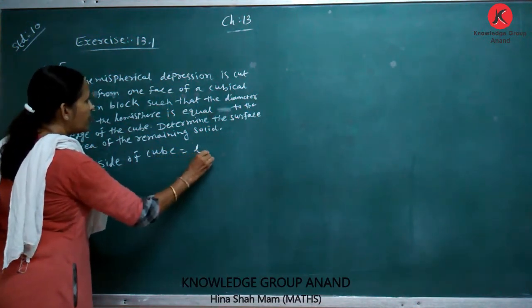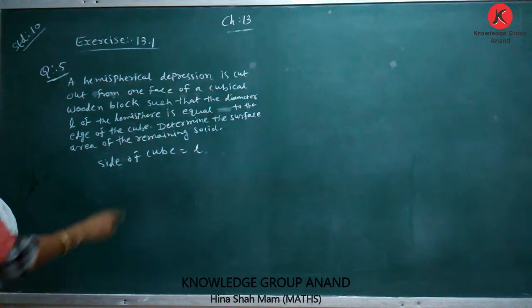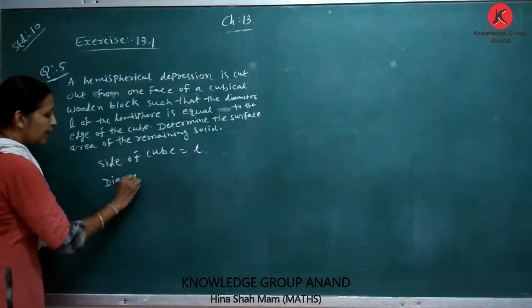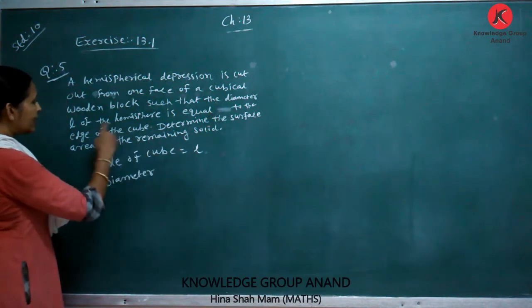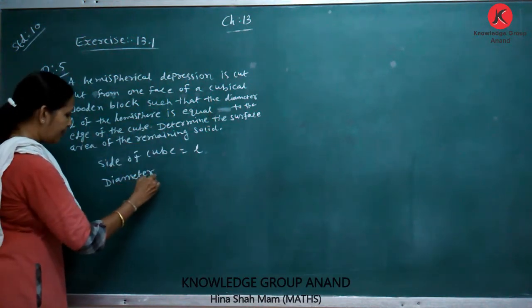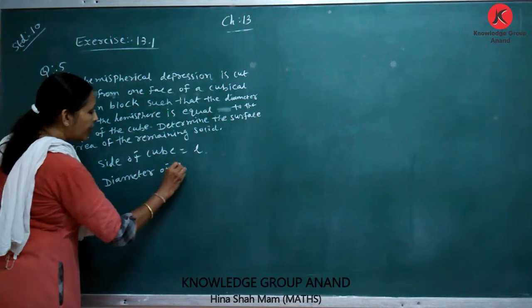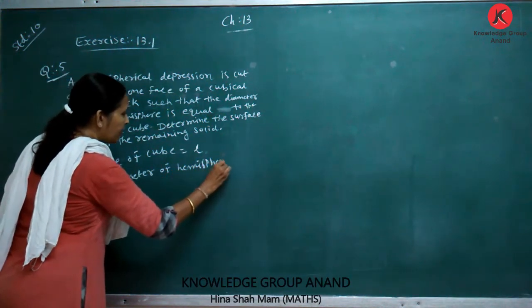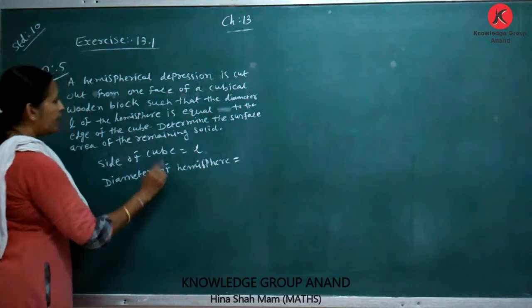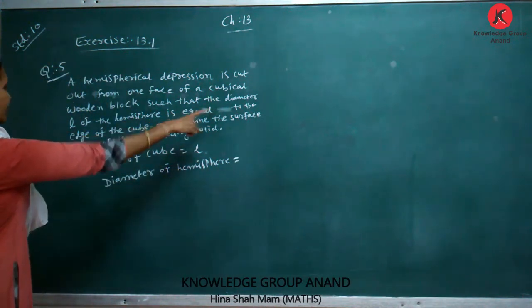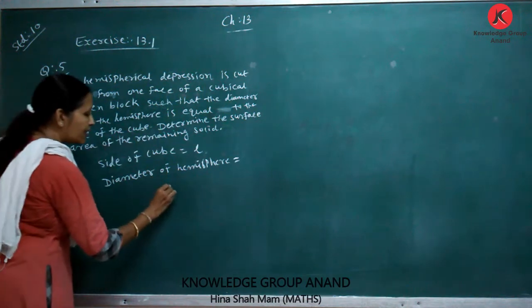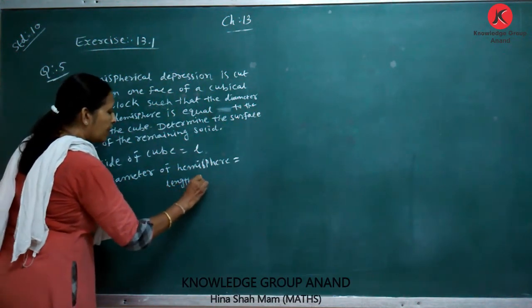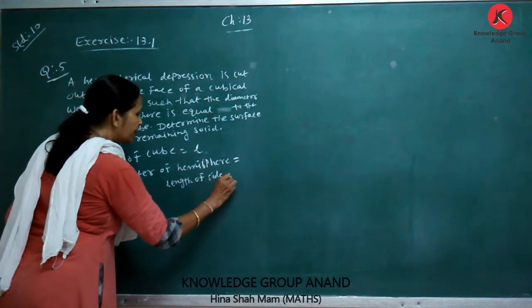In the question we are told that the diameter of the hemisphere is equal to the edge of the cube, that is, the length of side of cube.